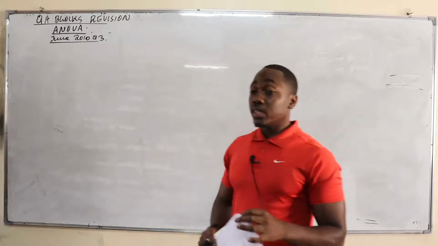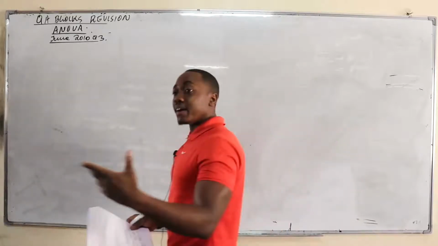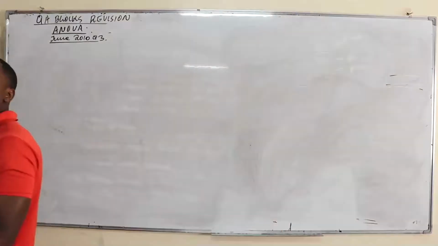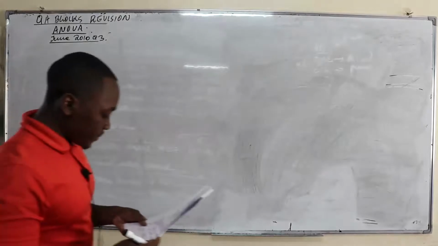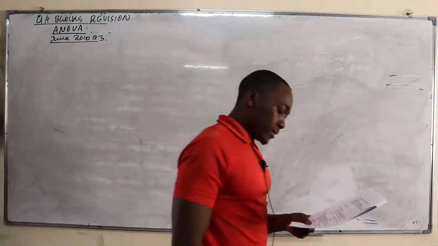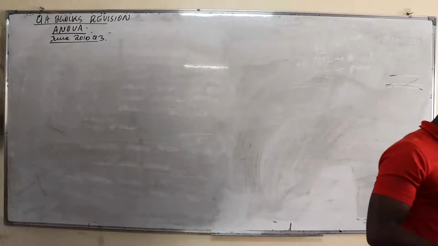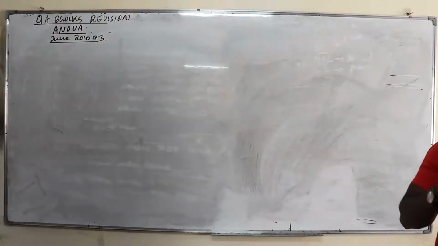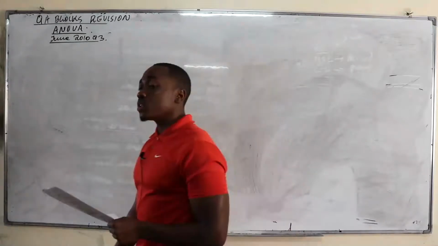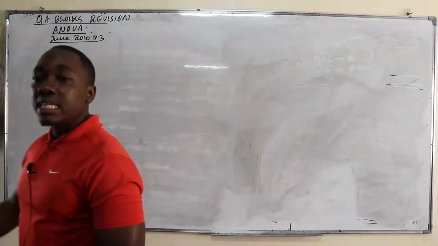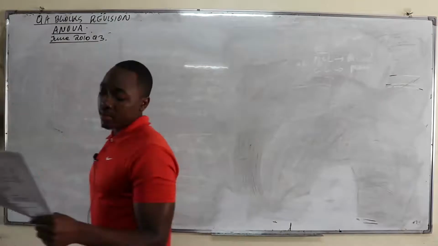I'm not teaching, I'm just revising. How do you interpret the correlation coefficient? That means there is a strong positive correlation. Then we have R squared. What's R squared? Good, coefficient of determination. How do we interpret that? Good.